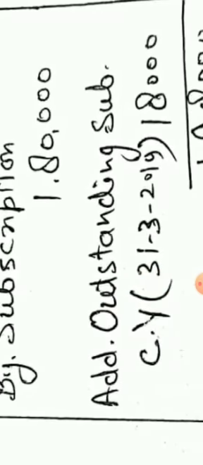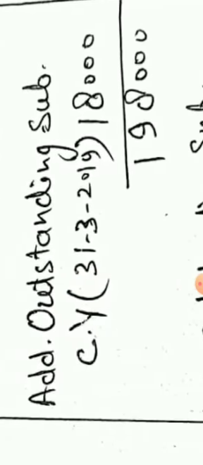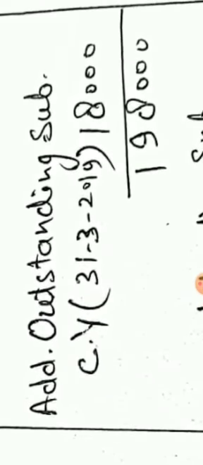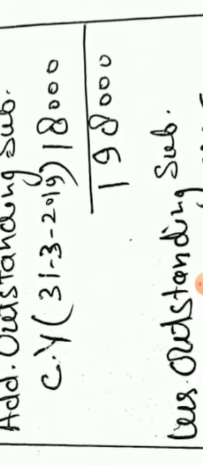Then add outstanding subscription current year, that is 31/3/2019, 18,000. Then the total amount is 1,98,000. After that, less outstanding subscription previous year, 1/3/2018, 15,000, and after that the total amount transferred outside is 1,83,000.